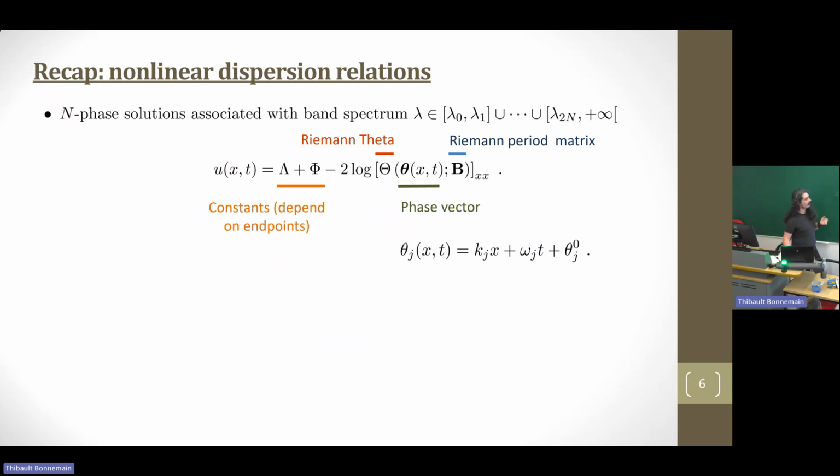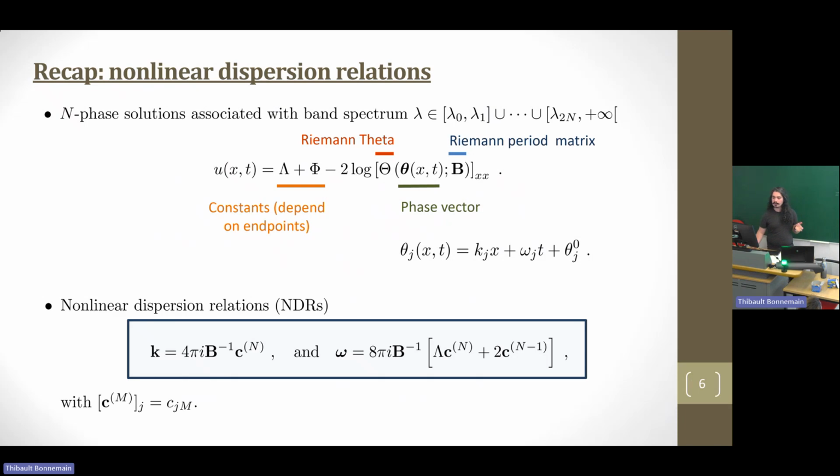They depend on the spectrum and on each other through what are called the nonlinear dispersion relations, written here. This involves the Riemann matrix, the lambda constant, and also these vectors C_n and C_{-1} that also depend non-trivially on the spectrum.